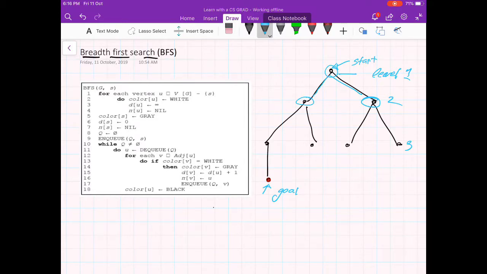So it expands these 2 nodes into 2 branches each and looks for the goal state, and similarly it does the process all over again and finally reaches its goal, and then it tells you that you have to take this path to reach your goal state. So this is basically how BFS works.